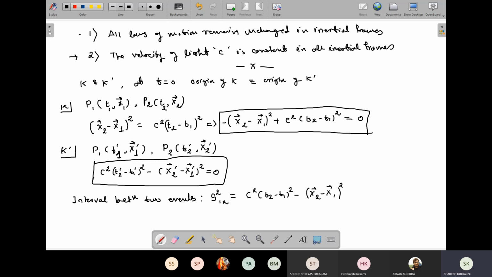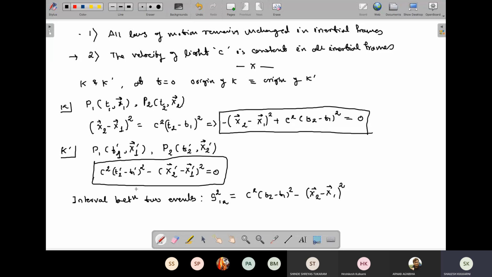This is like a four-distance square, a distance in four-dimensional space, but with a very important difference: there is a minus sign here. Sometimes we say s square as interval, or s12 square as interval, or s12 just as interval. It's just a question of taking the square root. So this is the interval between the two events P1 and P2 in K frame.